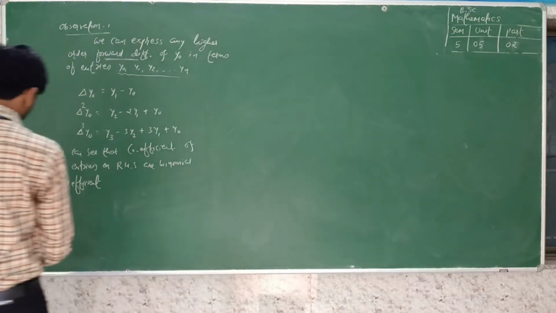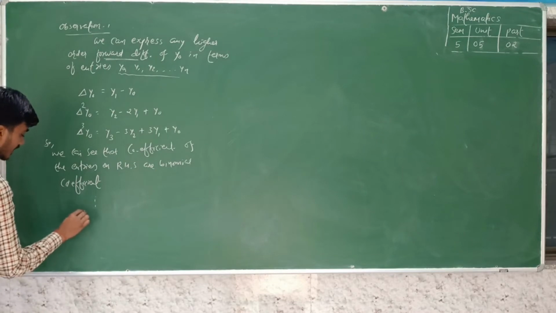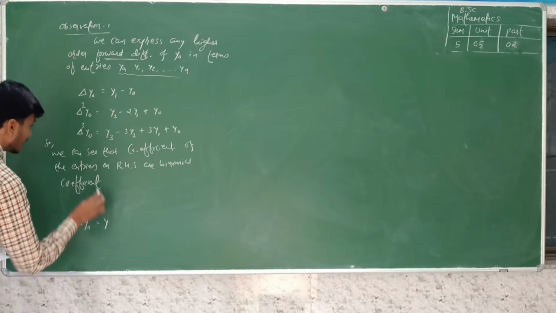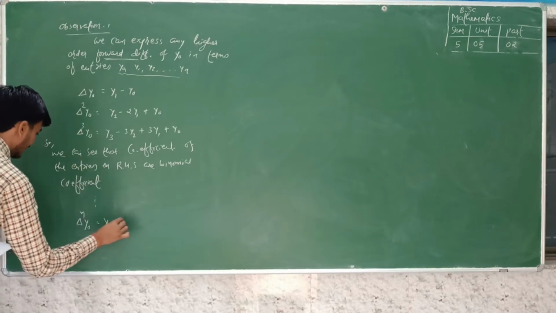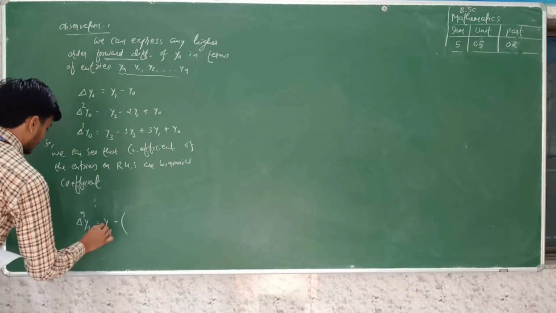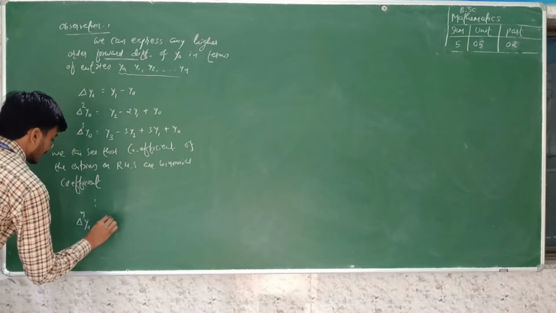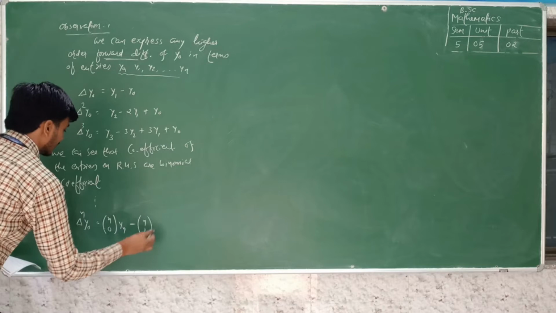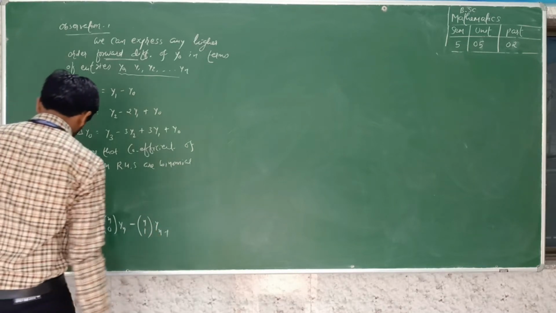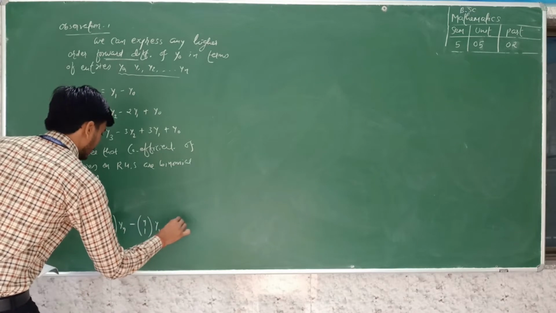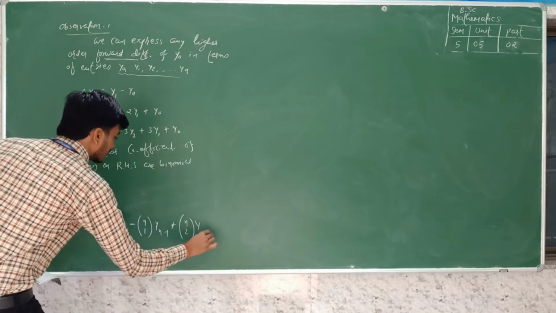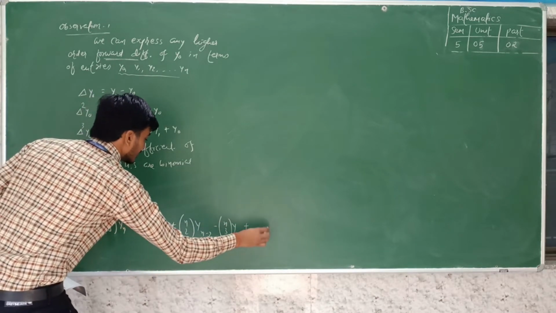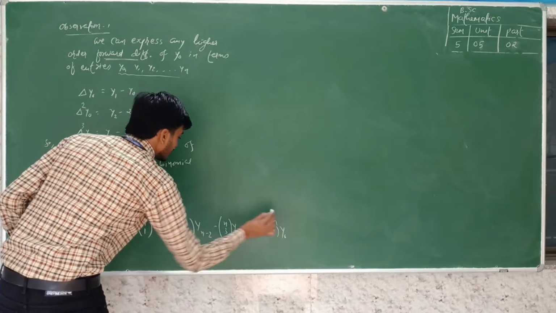So we can express any nth order forward difference as nc0 yn minus nc1 yn minus 1 plus nc2 yn minus 2 minus nc3 yn minus 3, and so on, plus minus 1 raised to n power y0.